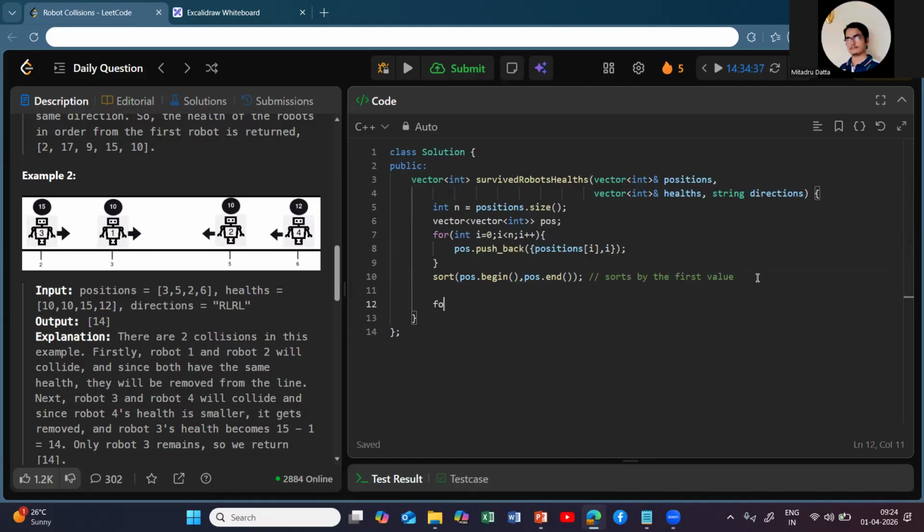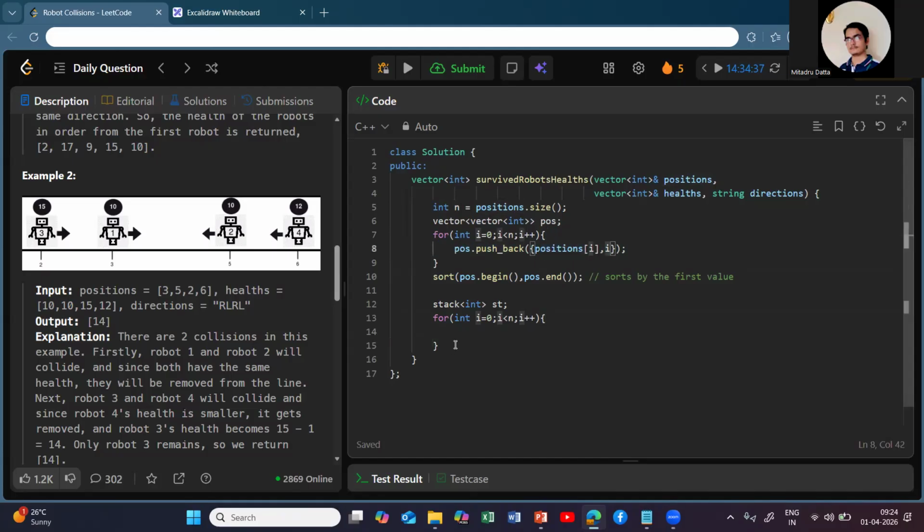And we also need a stack of integers where we will keep the positions. Initially, the stack will be completely empty. After this, I will start iterating through all the values, but I need to iterate in the position indices only.